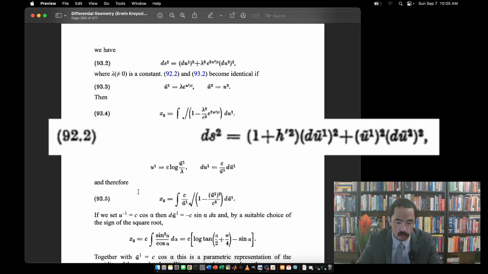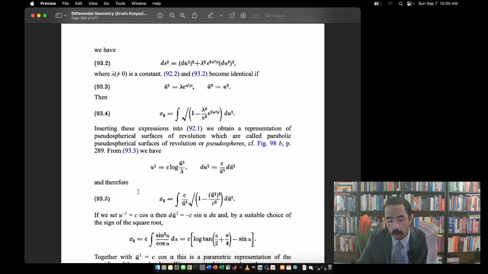What we just read in 93.2, those two expressions become identical if u1 bar is equal to lambda times e to the u1 over lowercase c, and u2 bar is equal to u2. Then we can set x3 equal to the integral of the square root of the quantity 1 minus lambda squared over lowercase c squared, times e to the 2 u1 over lowercase c, closed quantity, du1.